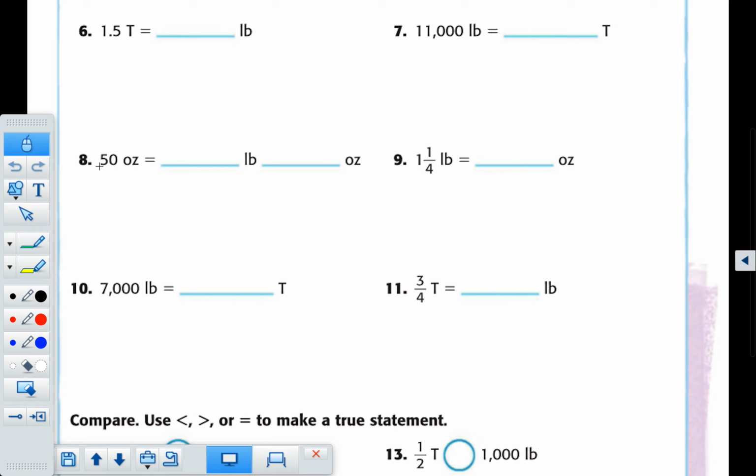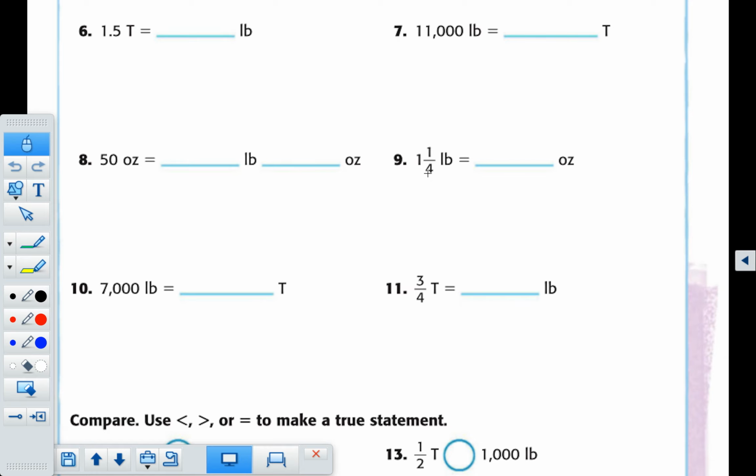Let's look at number 8. 8, you're going to have a remainder, and your remainder is going to be what your ounces are. So if I'm going to convert from ounces to pounds, I'm going from a smaller unit to a larger unit here. So 50 ounces divided by how many pounds is going to be my answer. And then I'm going to have a remainder, and that's going to be my ounces.